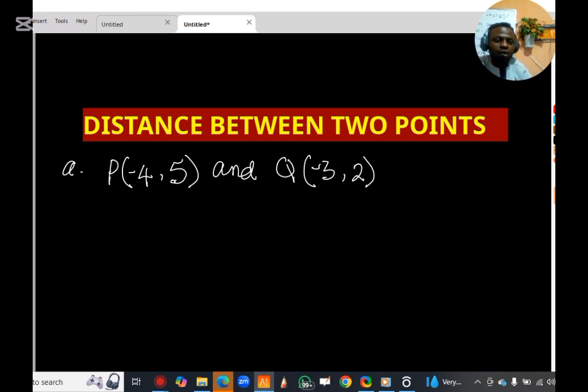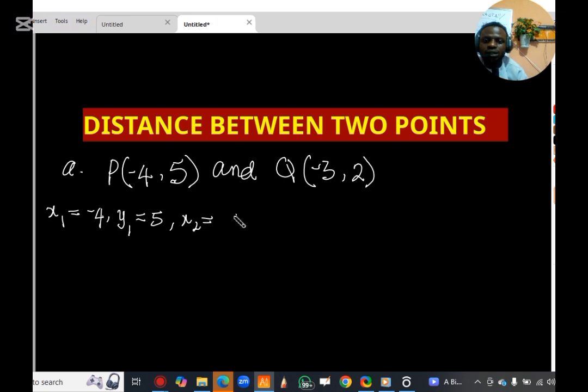From what we have now, our x1 is minus 4, and point y1 is 5, and of course our x2 is minus 3, and y2 is 2.